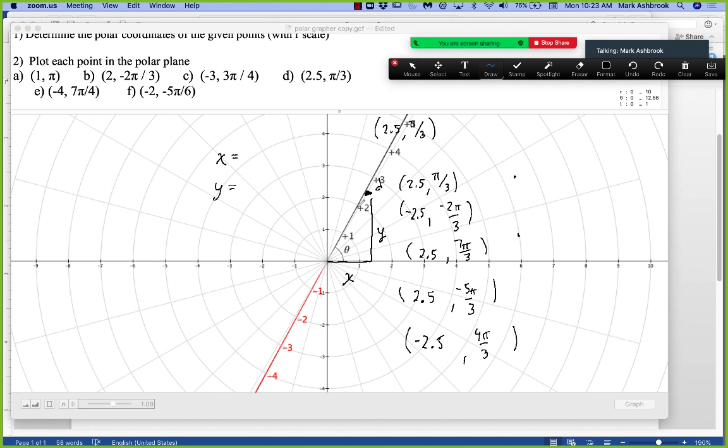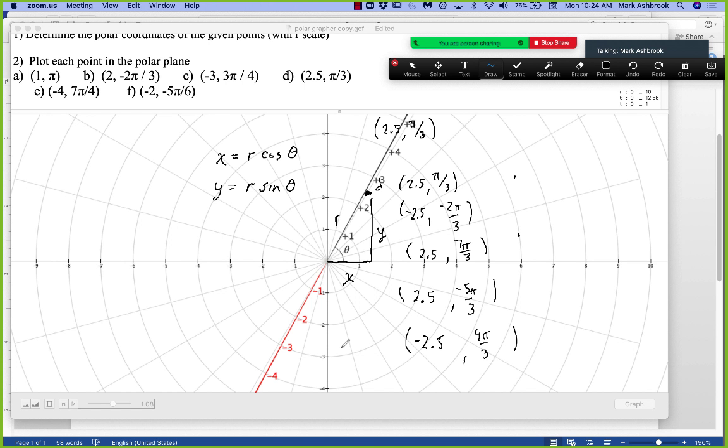We have a right triangle, and the hypotenuse is the same as our r value. The hypotenuse is r. That's the distance from the pole. So in this case, r is 2.5, and then we have this angle theta, and so we're talking about a trig triangle here. So x is r times cosine theta, and y is r times sine theta.